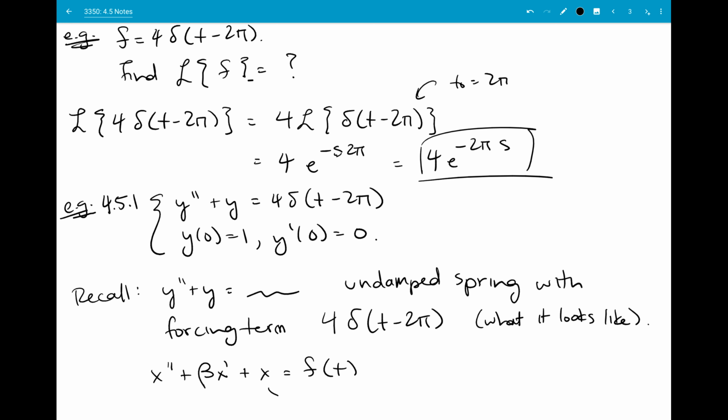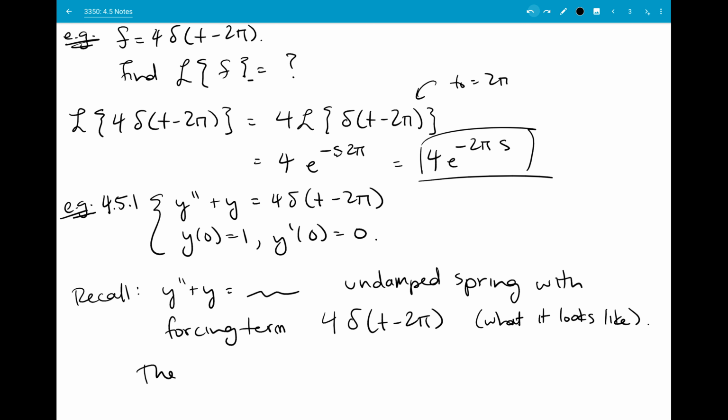So here's our kx term, and then we're just missing this middle term for damping. And the reason I want you to be thinking about that is because it gives you intuition for how this should behave.